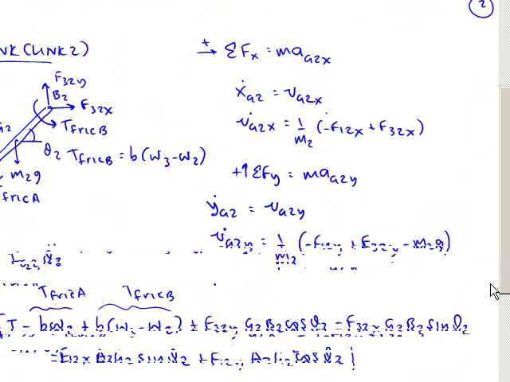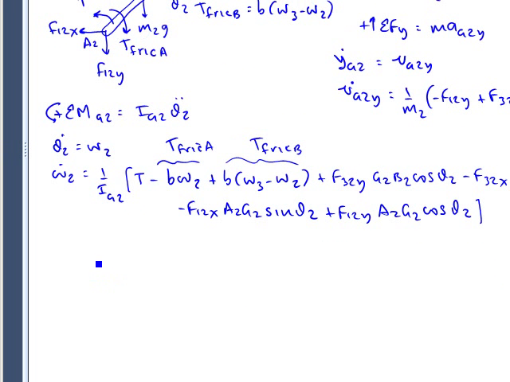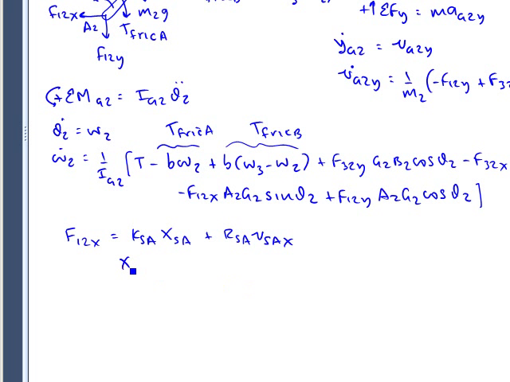So following what we did in the most recent lecture, I will write F12x. That's going to be K_SA times x_SA. Because there's damping in parallel, I'll also have R_SA times v_SAx, where x_SA is x_A2 minus x_A1.